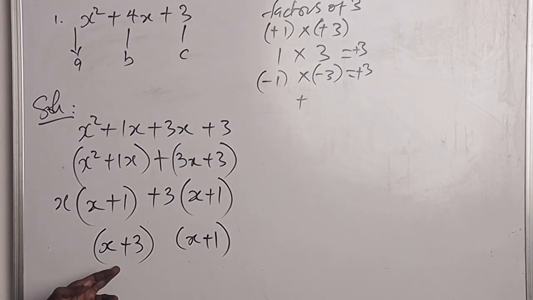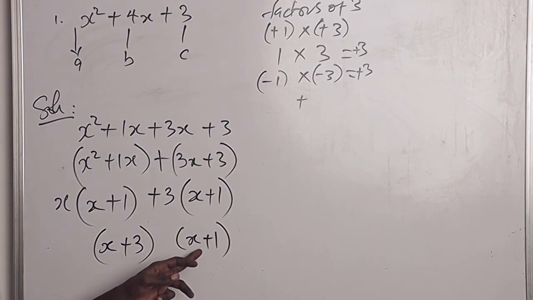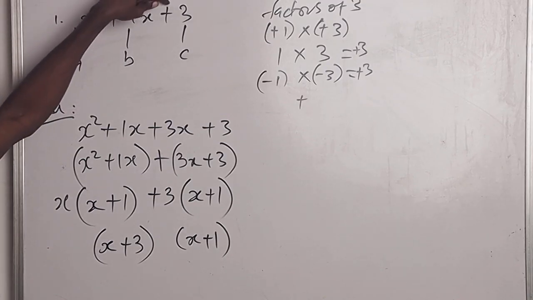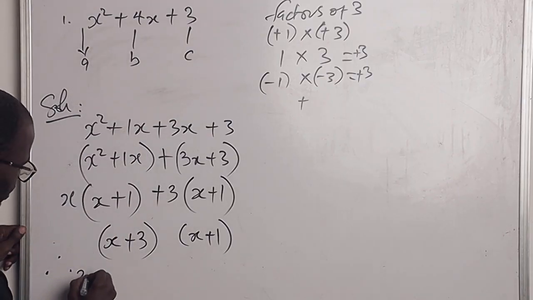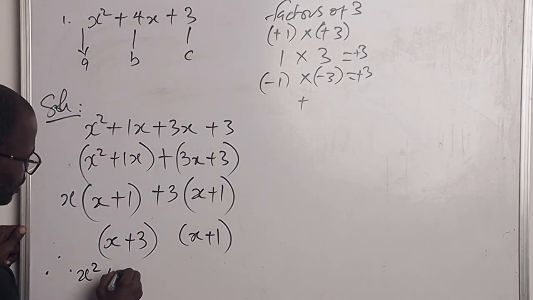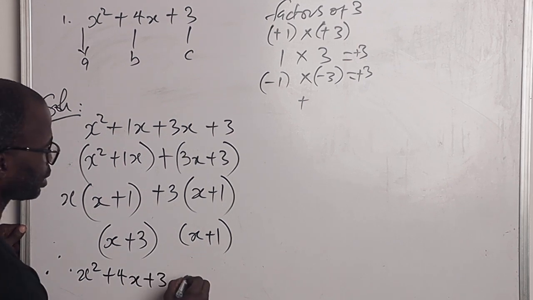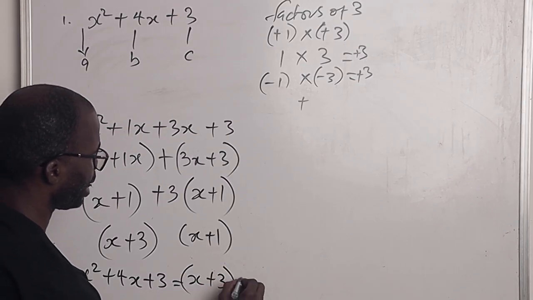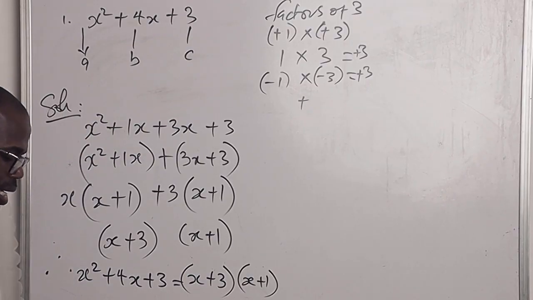Simply put, if at all you want to expand this bracket, it will take you back to this equation here. So therefore, x squared plus 4x plus 3 is equal to what? x plus 3 in brackets, x plus 1. This is your final answer.